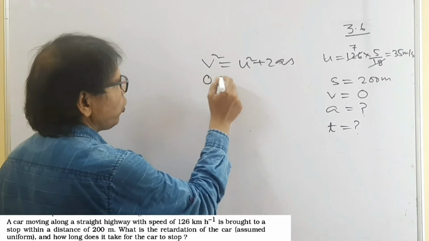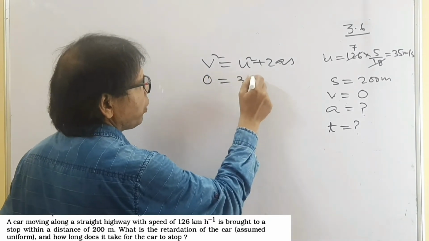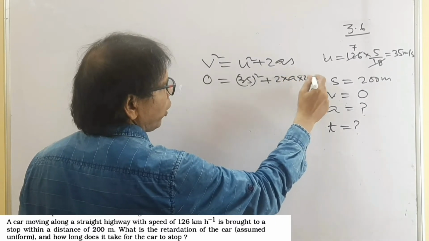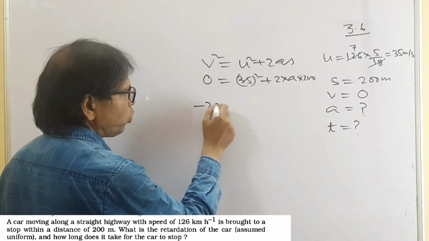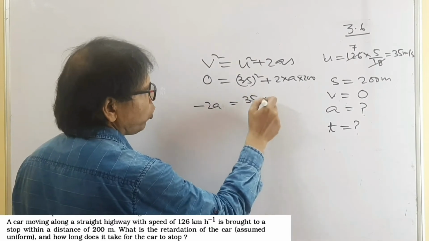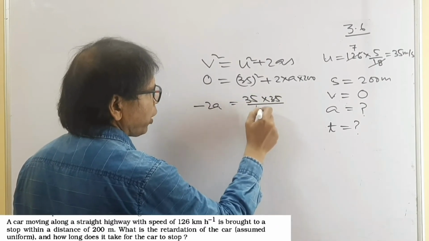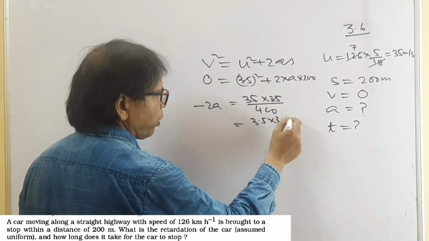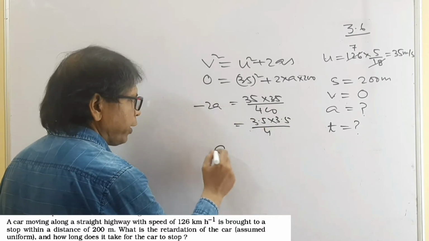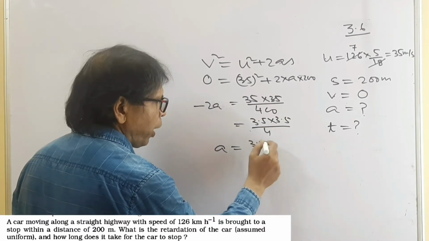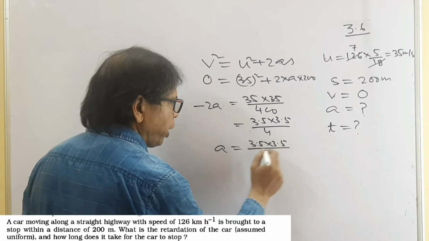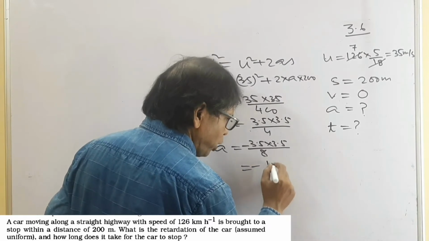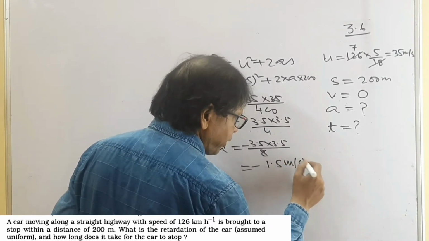Here v = 0, so 0 = 35² + 2 × a × 200. So 2a = −35 × 35/400, so a = −3.5 × 3.5/8, the retardation. This is almost −1.5 meters per second squared.